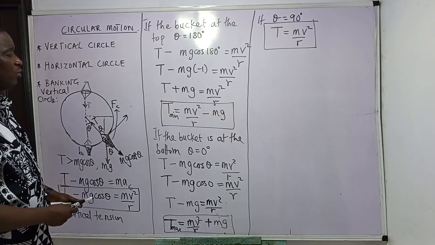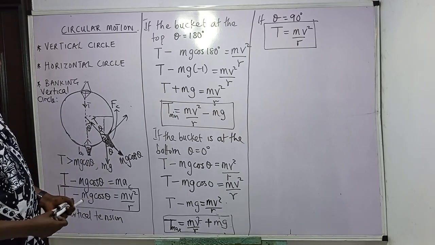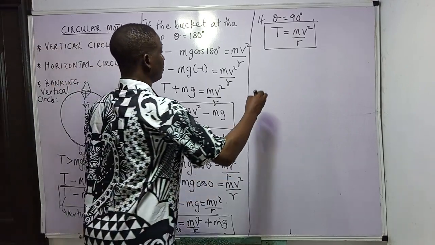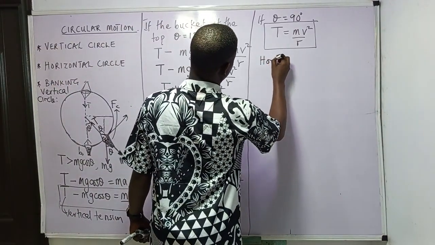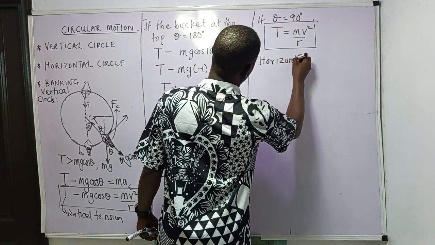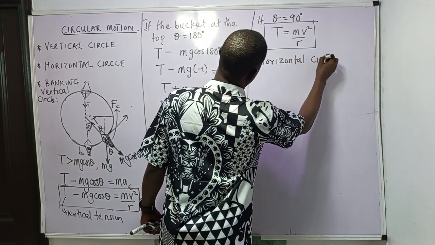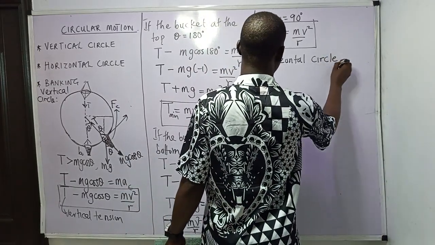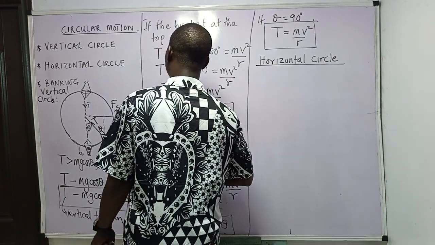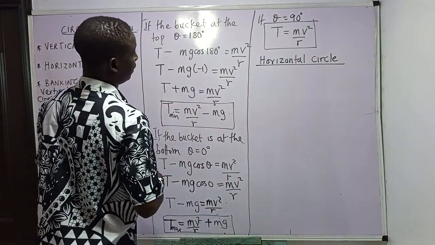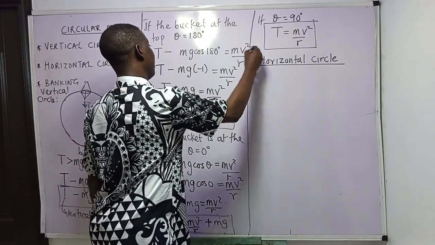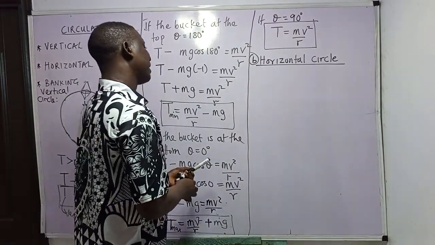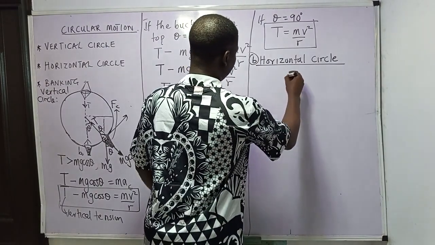Now let us see horizontal circle. We'll talk about vertical circle. Now let's take the B part, horizontal circle. Horizontal circle is something like this.